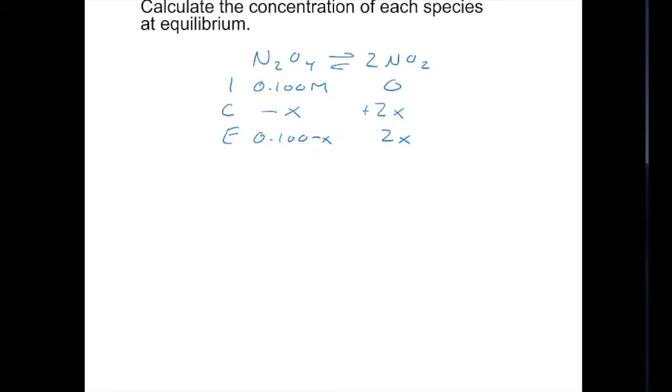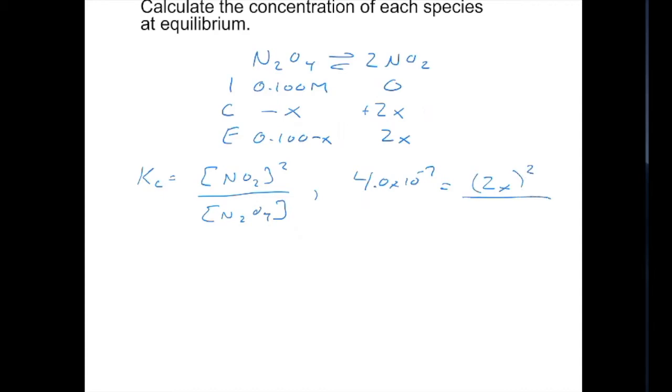Now we write the equilibrium constant expression, Kc equals the concentration of NO2 squared divided by the concentration of N2O4. Plug in the values, 4.0 times 10 to the minus 7 equals 2x squared divided by 0.100 minus x.